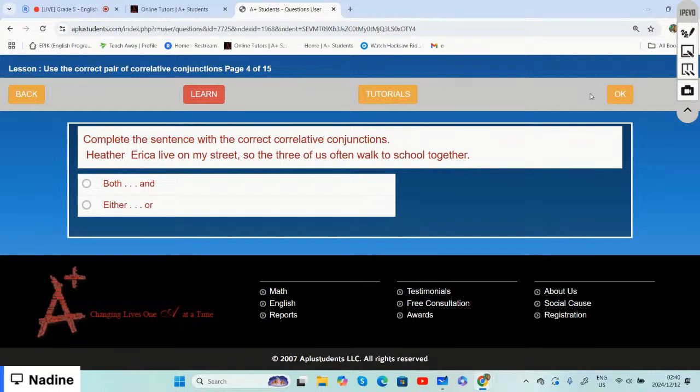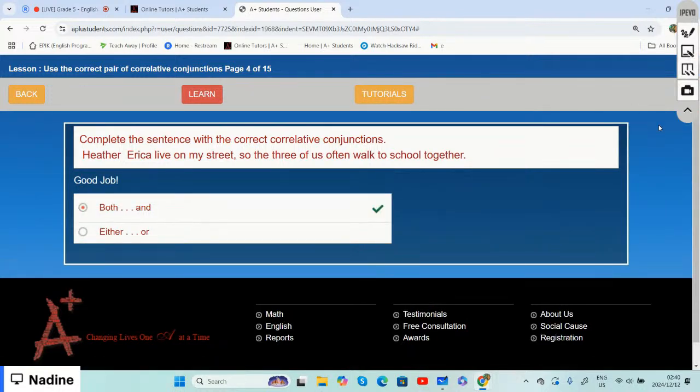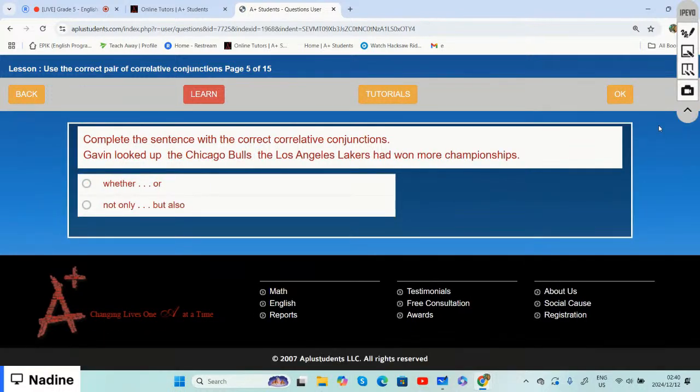If we were to choose the correct one, we'll say both of them live on the street, because if the three of you walk together, then it means that both of them live on your street. Well done.